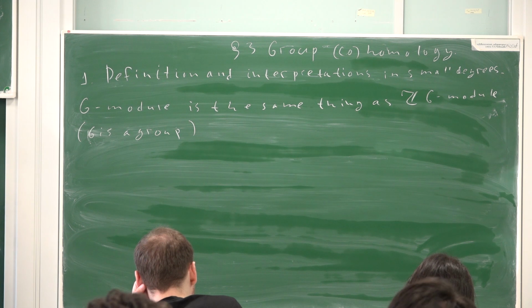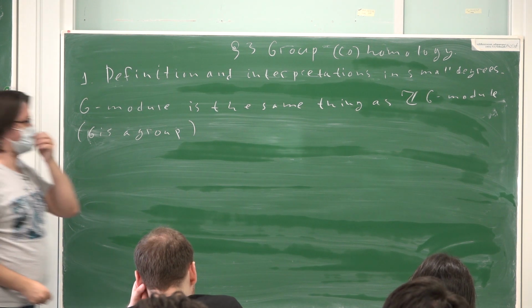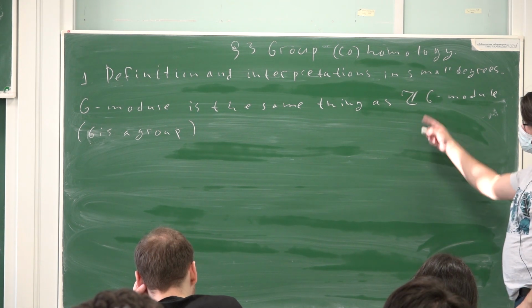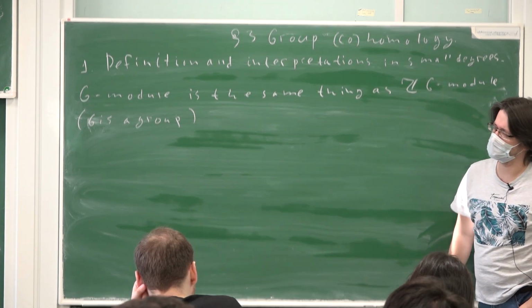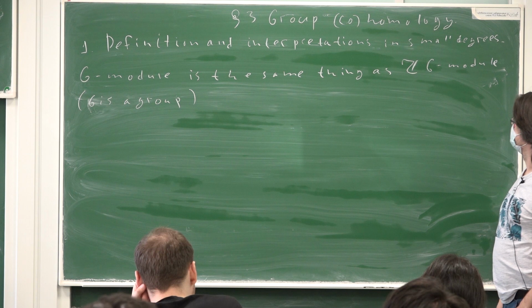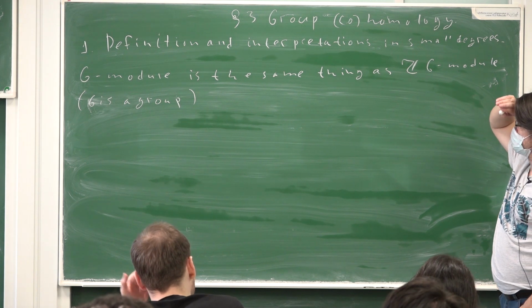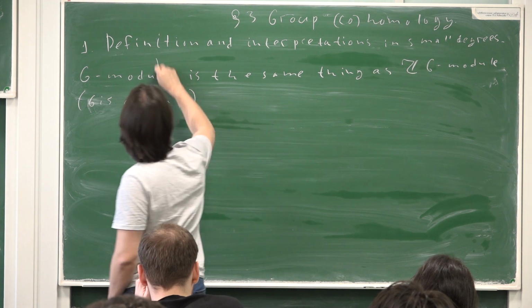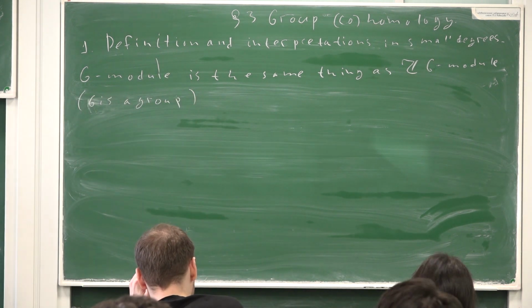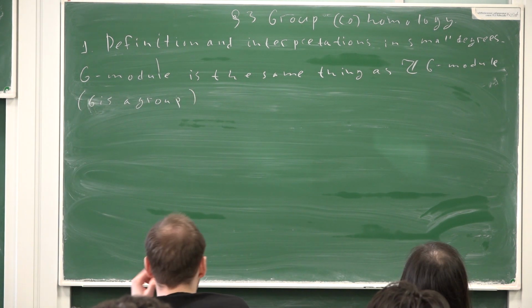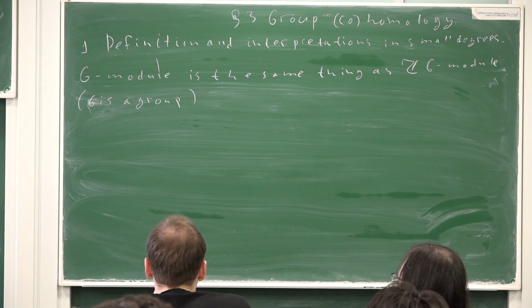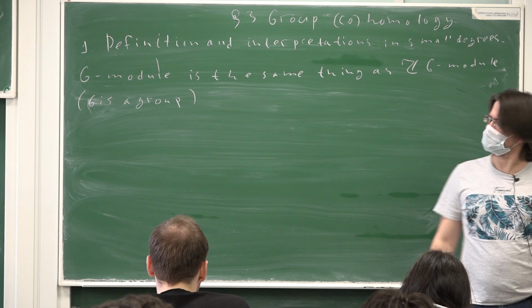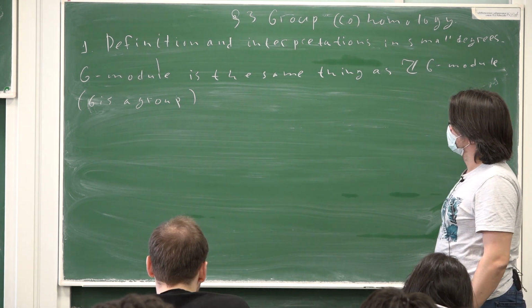So if G is a group, then we can form the group ring, which is denoted by ZG, and a G-module is simply a module over this ring. There is another definition, like an abelian group on which G acts by additive maps, but let us use only one.